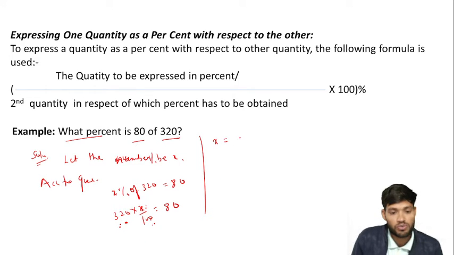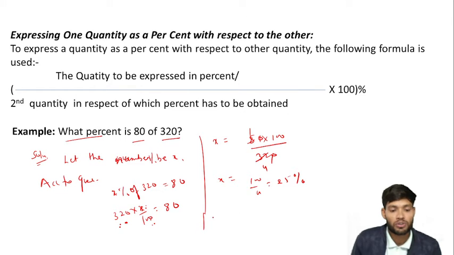Now we have to separate the x from the other numbers, so 80 into 100 will go in multiply and 320 will divide. X is equal to 10 out of 0, 8 ones are 8, or 8 fours are 32. 100 divided by 4 means 25%.